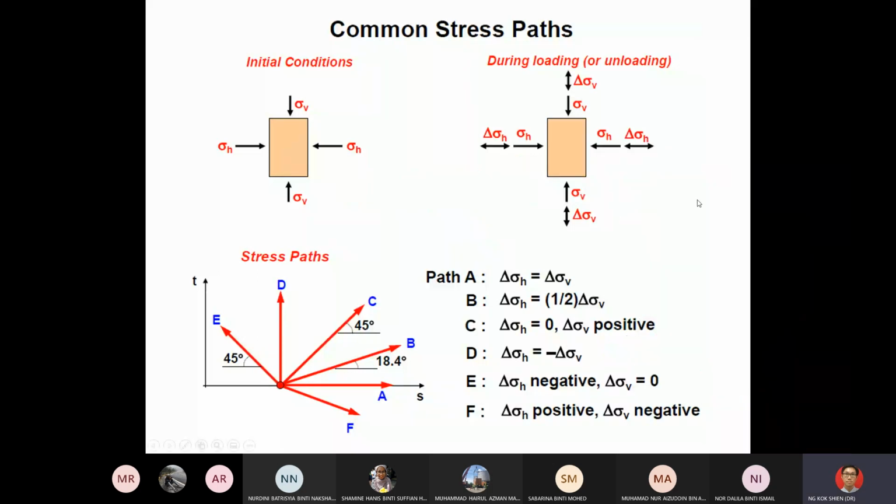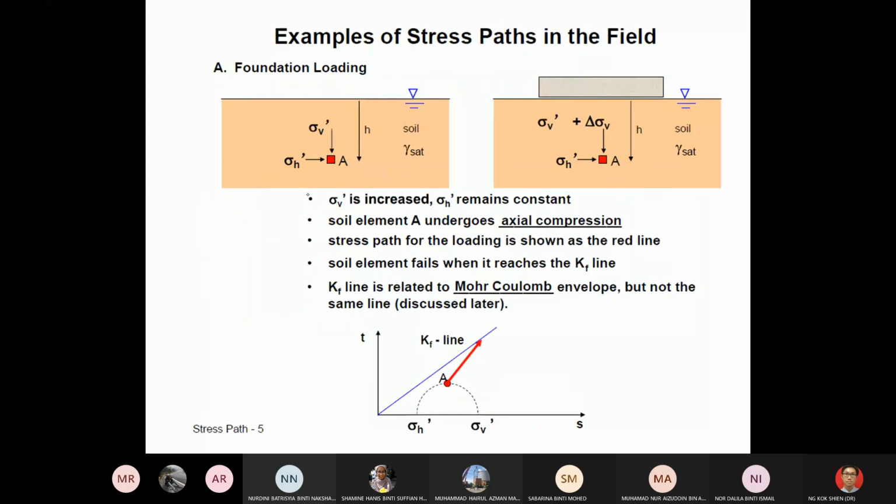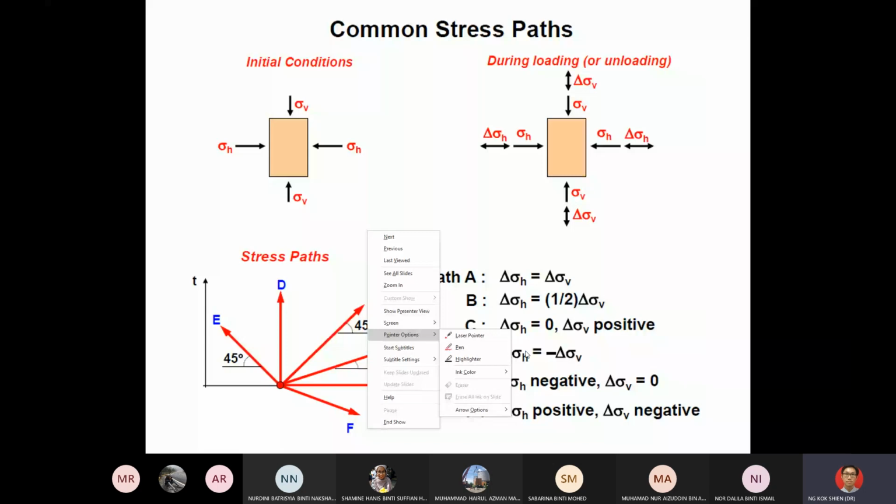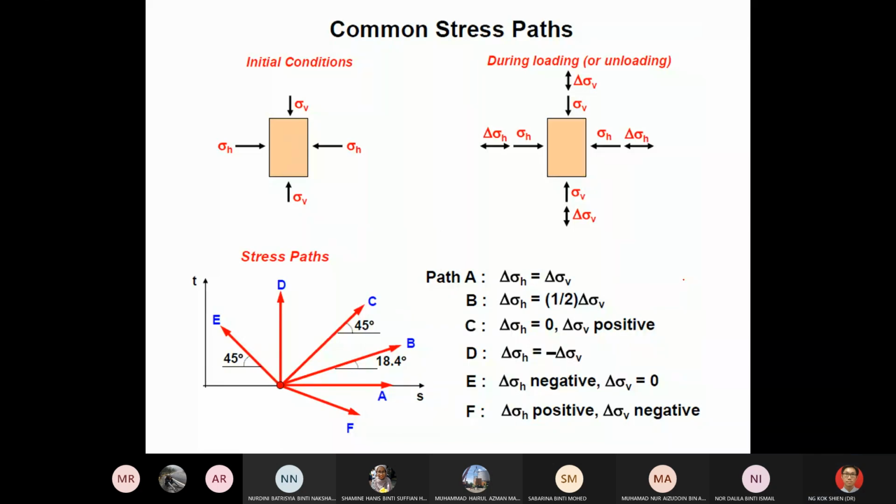The first thing is to find the T and S. You have to remember the formula. So the change of T is equal to delta sigma V minus delta sigma H, divided by 2.